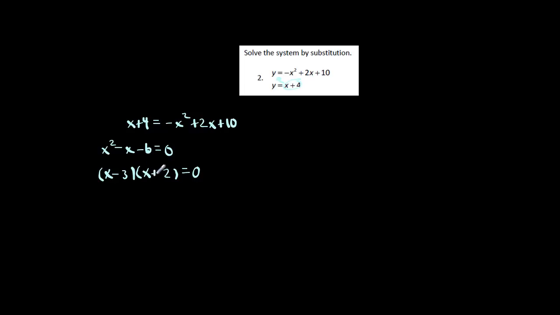Larger number is a 3, smaller number is a 2. Sorry, the larger number is negative, the smaller number is positive. So our x values are going to be 3 and -2. So in order to get our y coordinates, we have to plug these back in. So 3 plus 4 is 7, and negative 2 plus 4 is 2. And these are our 2 points of intersection.